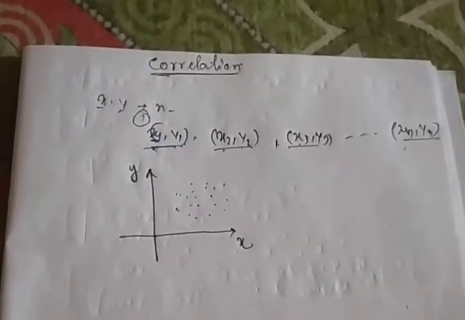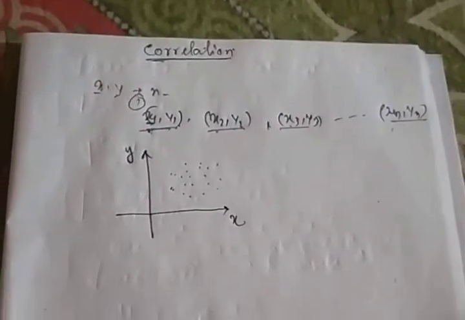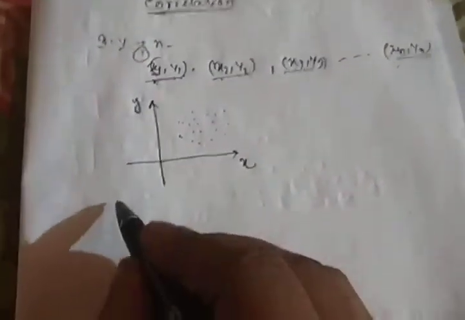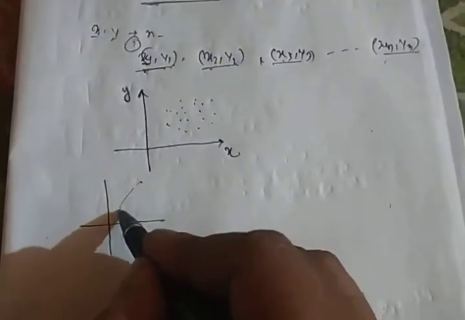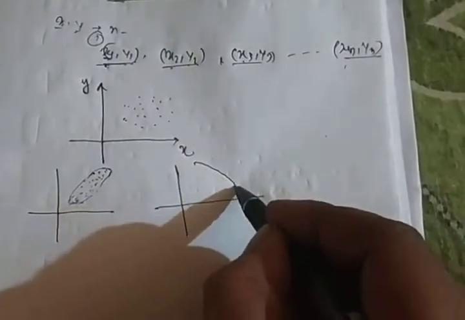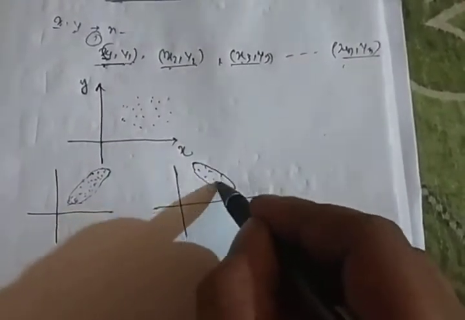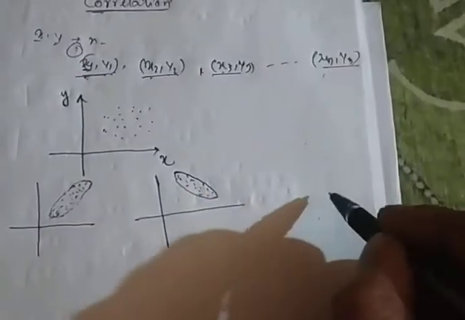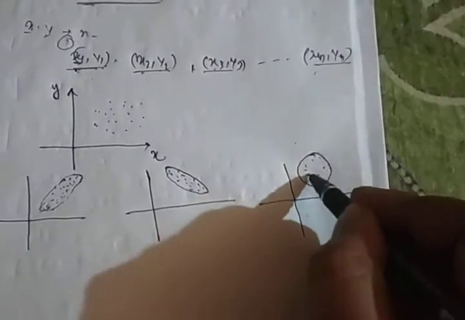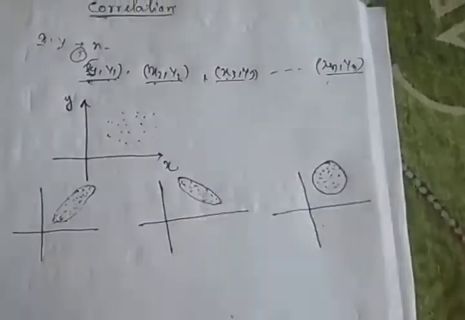So we will get different types of scatter diagram. For a standard scatter diagram, we can get the data in a circular or oval form, where all the data comes into this form.